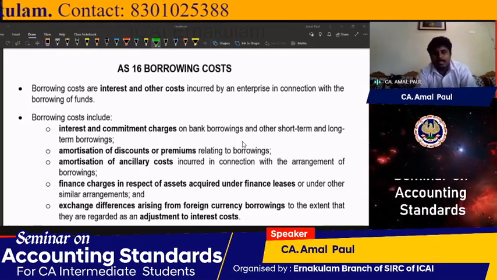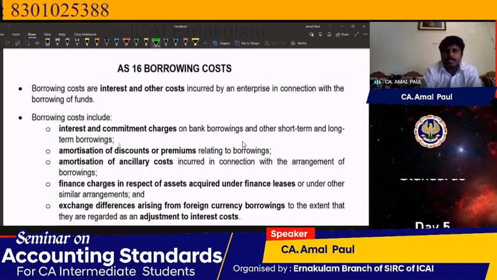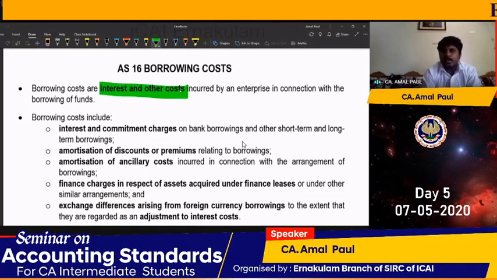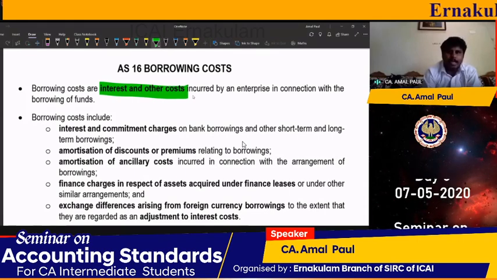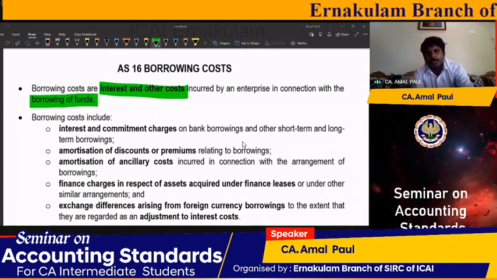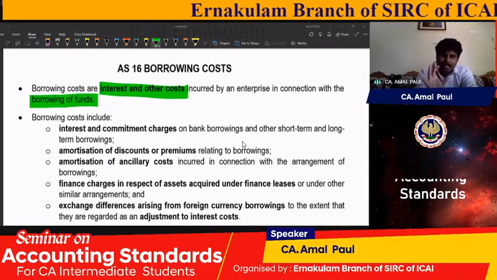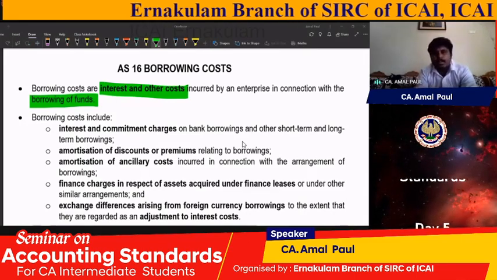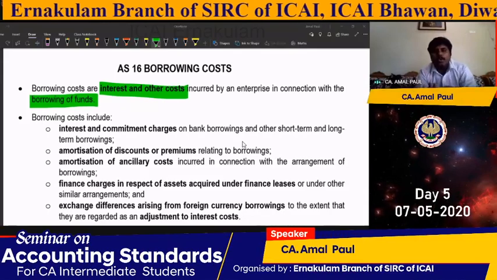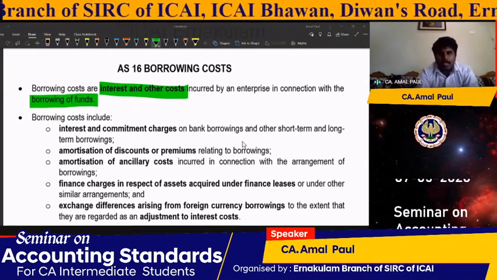Then another aspect is that borrowing cost as per the standard only includes interest and other costs incurred by an enterprise in connection with borrowing of funds. So this is not just interest. It is interest and other costs incurred in relation to borrowing. Therefore, borrowing cost is a much wider term as compared to interest.